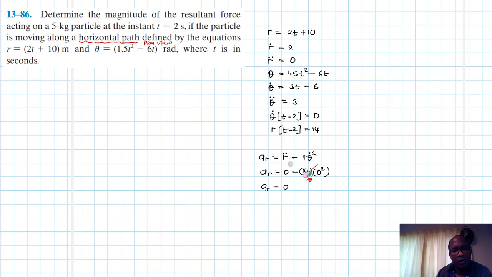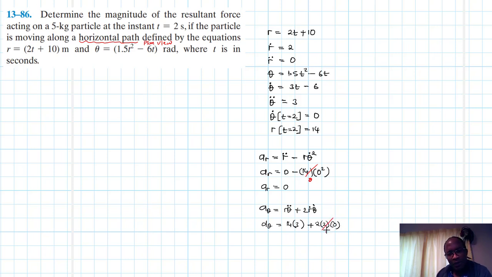Having said that, let's go to a theta, which is just equal to r theta double dot plus 2 r dot theta dot. Our r is equal to 14, theta double dot is 3, plus 2 r dot, where r dot is 2 and theta dot is 0.